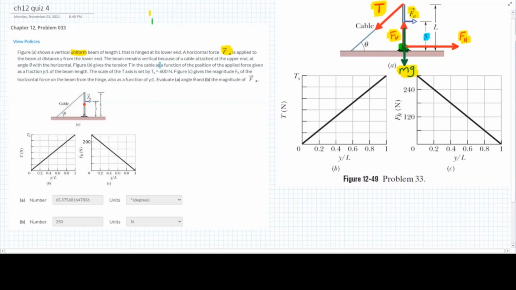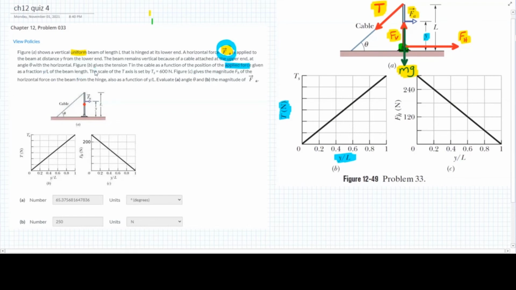So let's try to make heads and tails of this graph. I have a graph of tension versus Y over L. And it says here, figure B gives the tension in the cable as a function of the position of the applied force. This is the applied force, F subscript A, given as a fraction Y over L of the beam length.